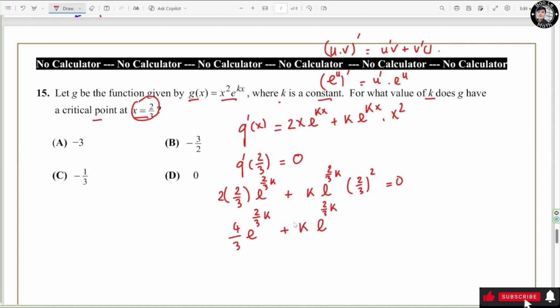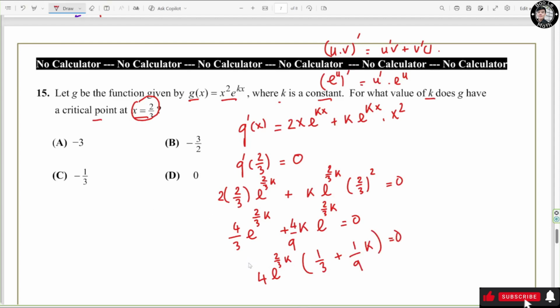And this one turned out to be 4 over 9, so I put 4 over 9 right here equal to 0. Now I'm going to factor 4 times e to the 2 over 3 k out. So it could be 1/3 plus 1/9 k equal to 0, right?